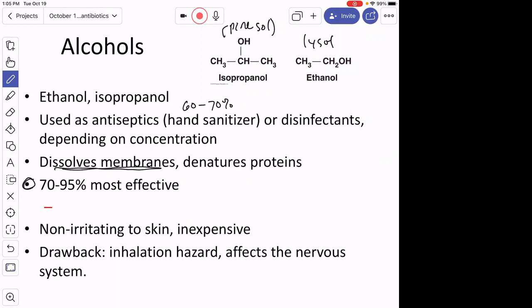Wouldn't that be the very best? Well, it turns out alcohols need a little bit of water to penetrate into those membranes, to work as a surfactant, to pull molecules apart. So a little bit of dilution with water is needed for that surfactant action.